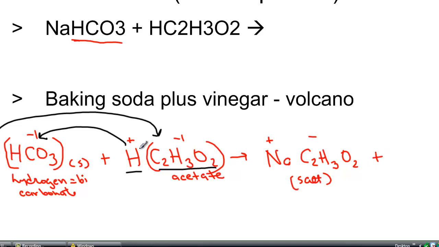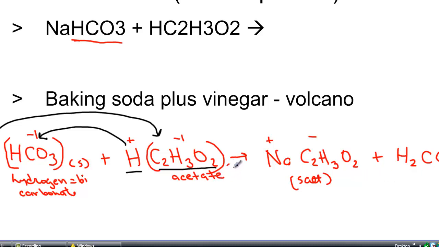And back over here, when H from the acid combines with the HCO3, called hydrogen carbonate, I'm going to combine those simply to be H2CO3. Alrighty.